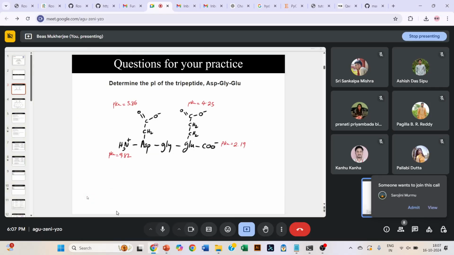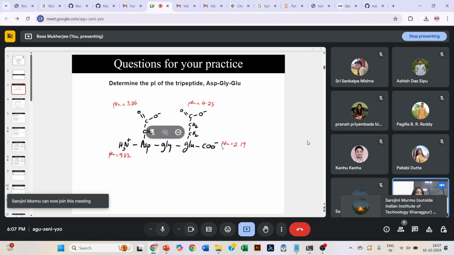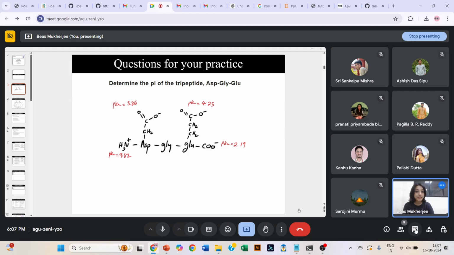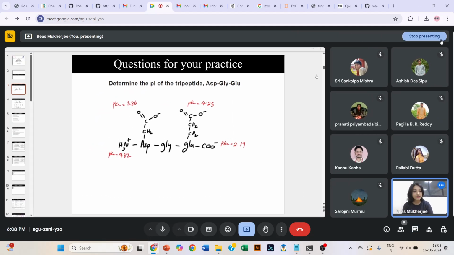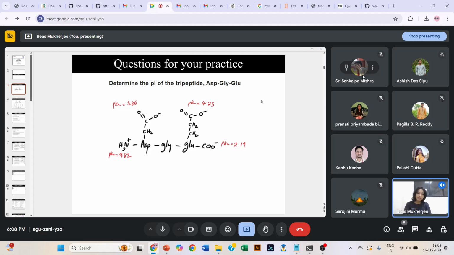These kind of questions we had practiced very well, right? During our, I think, week 1 or week 2. So you should be able to solve these. Here they are asking you the pI of this particular tripeptide. This tripeptide is made up of 3 amino acids.